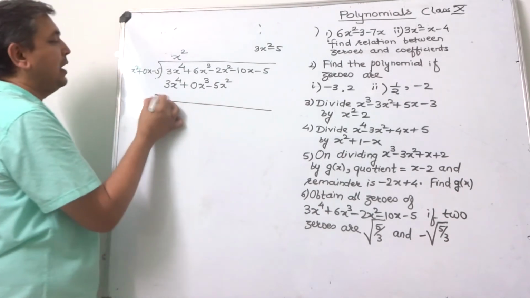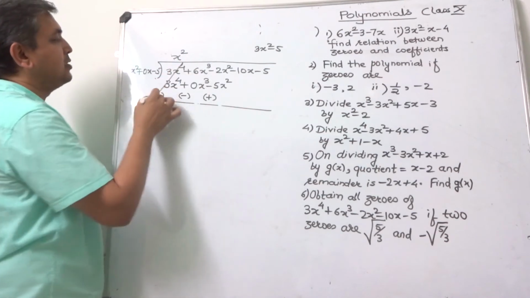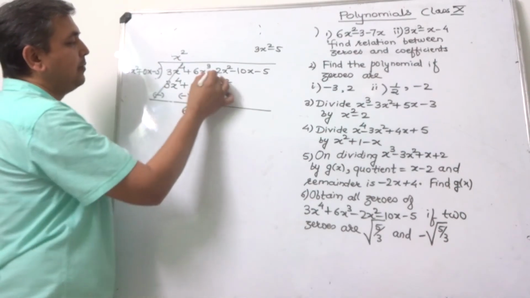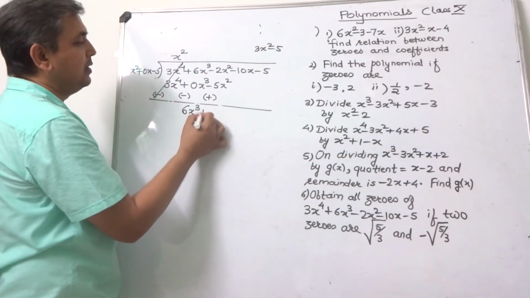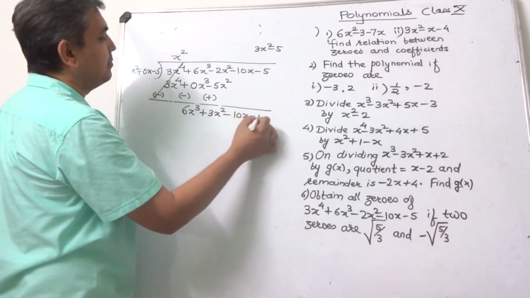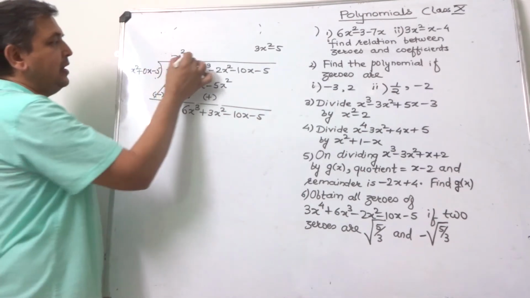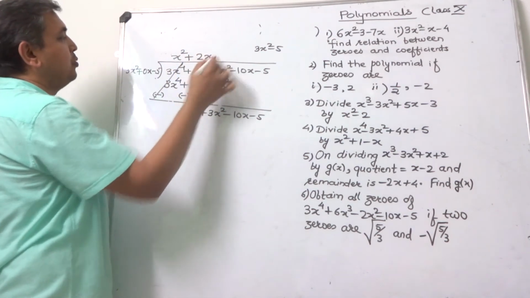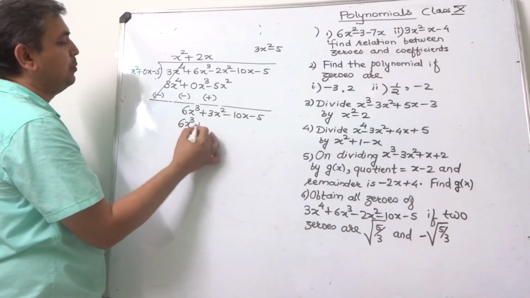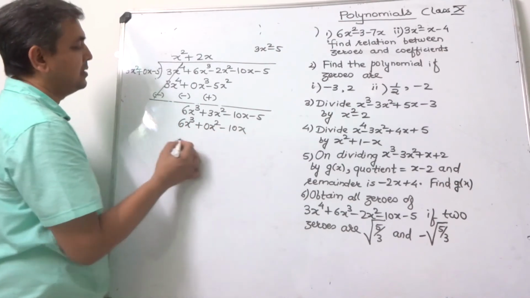We leave one line blank, change the signs and then solve. 6 minus 0, 6x cube, minus 2 plus 5 is plus 3x square, minus 10x minus 5. 6x cube divided by 3x square is plus 2x. 2x into this is 6x cube plus 0x square minus 10x.